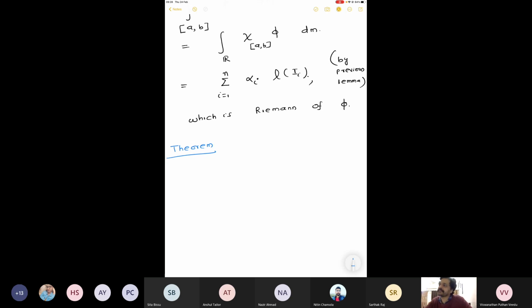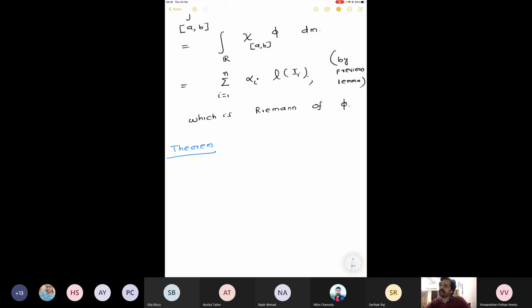Next, having integrated at least some class of functions, we should first convince ourselves that the integration we have done is well behaved. Like in the Riemann integral, the integration of the sum of two functions is the sum of the integrals, and product and so on.